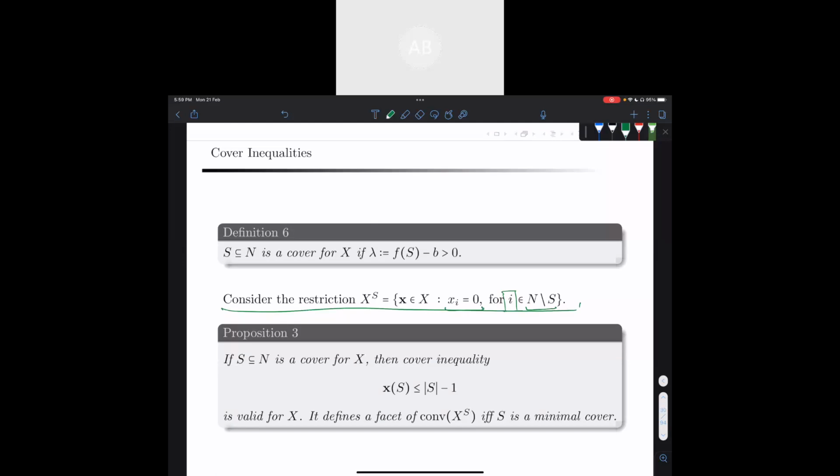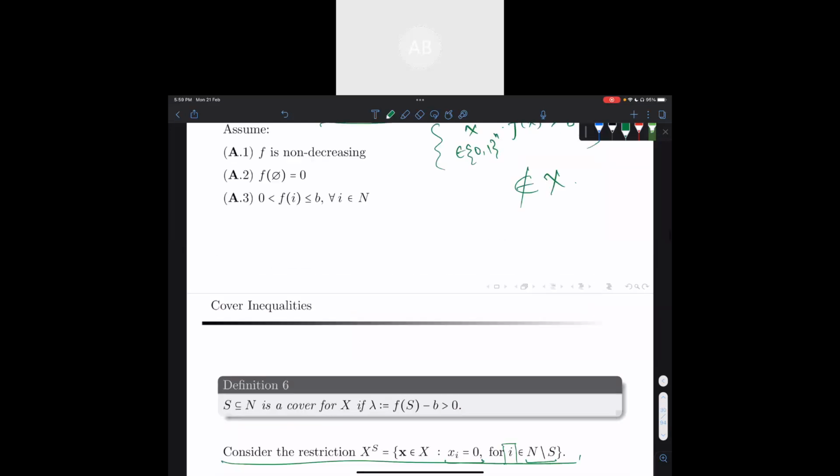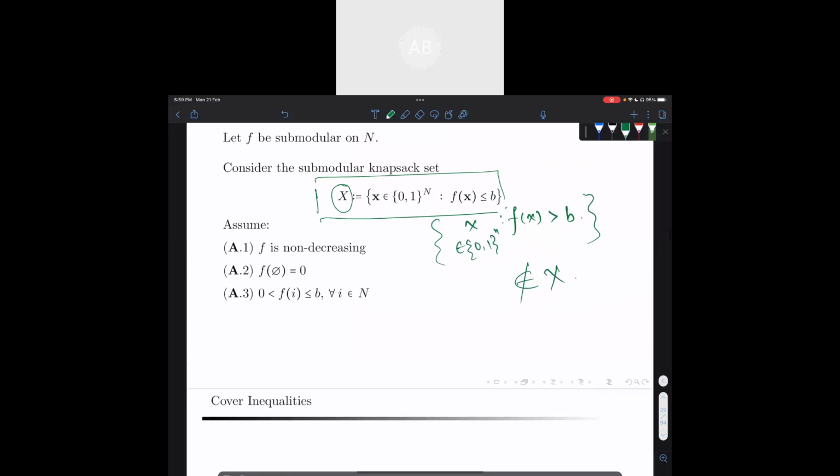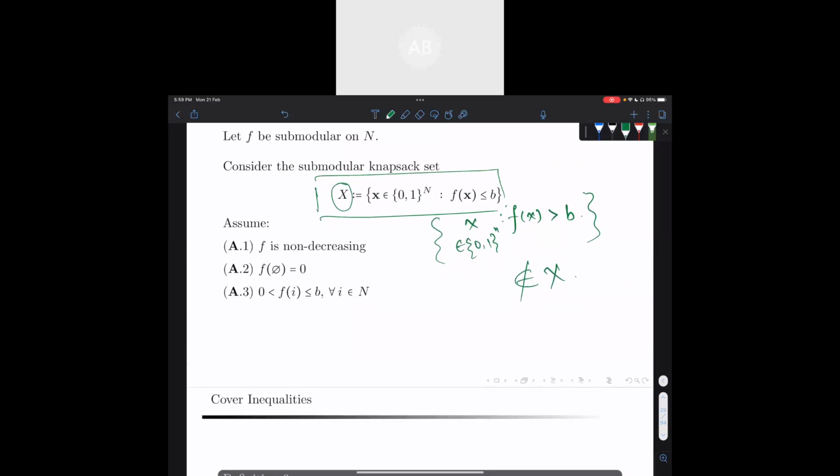Now, there's a pretty interesting result, right? So what this says is that consider everything that is not part of the cover.